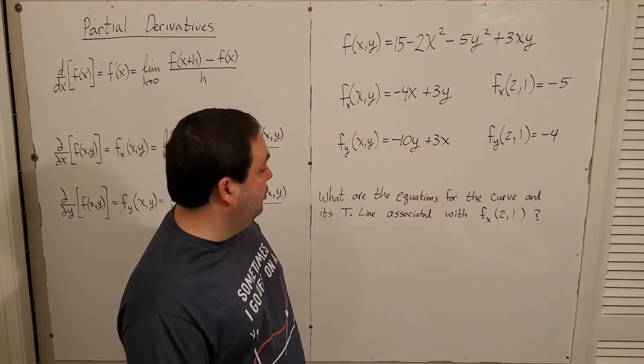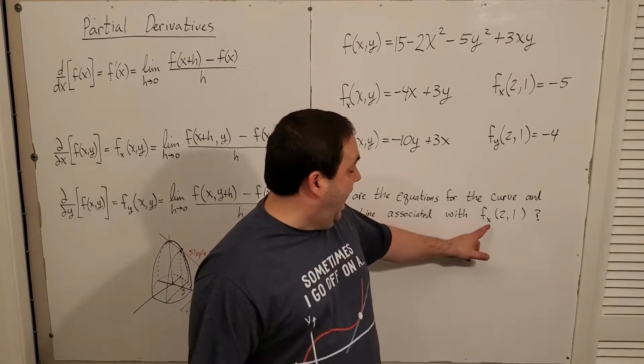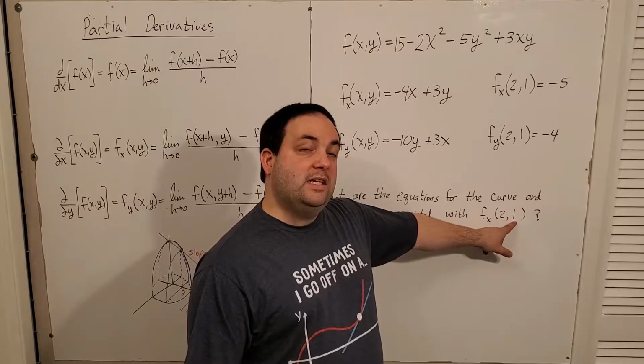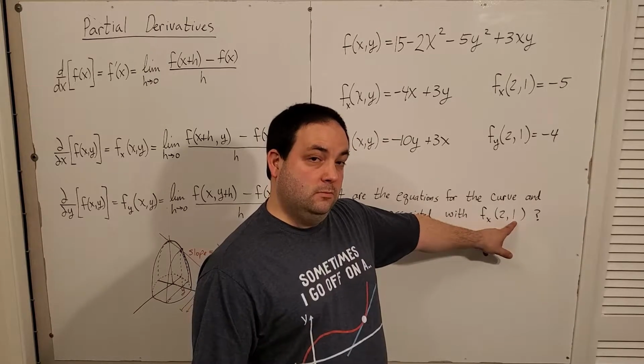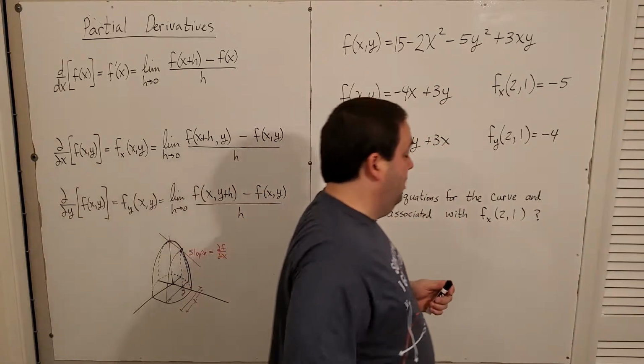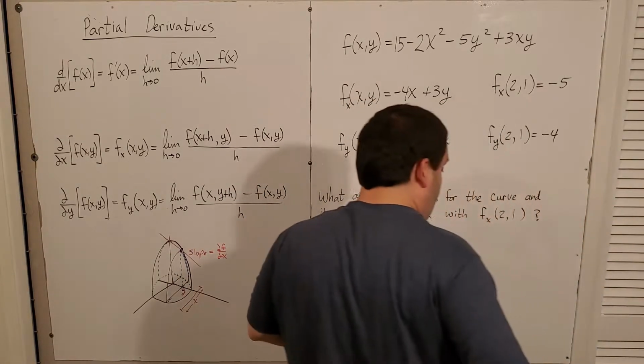So remember what we're doing here. Since it's the x partial derivative, we're saying that y is constant at 1, right? So we're going to let y be equal to 1, held constant. So let's label that.